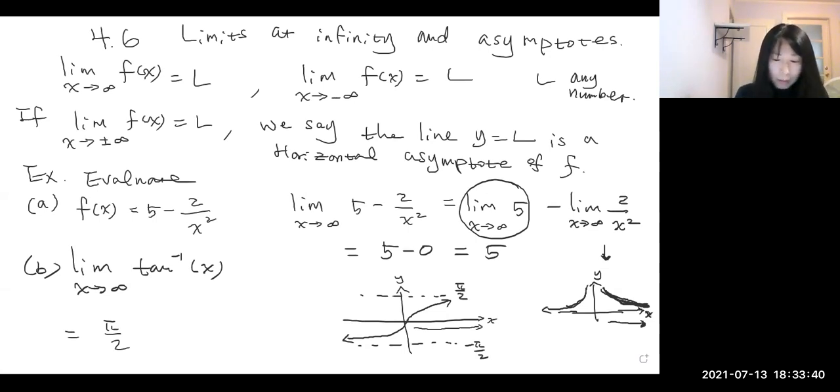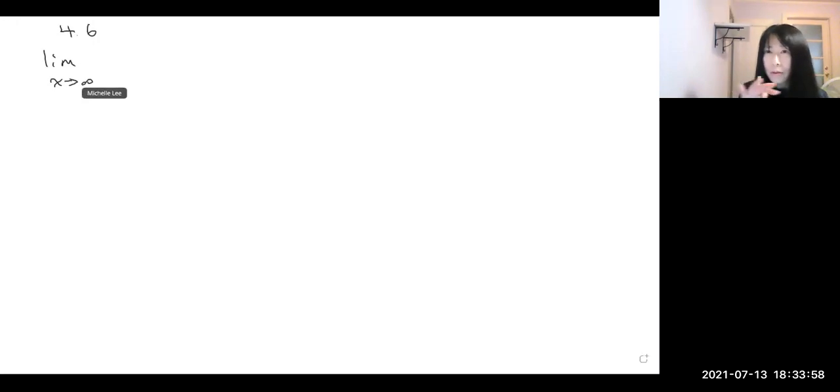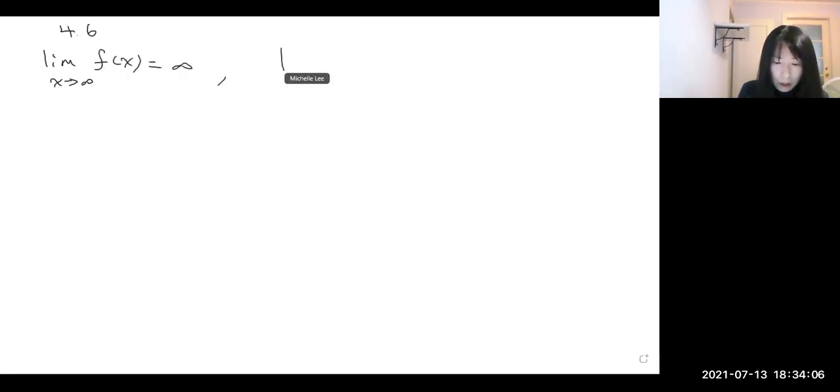All right. Sometimes, let me erase this one. Sometimes they don't give us the line, which is a horizontal asymptote. They give us infinity, or sometimes they give us negative infinity.